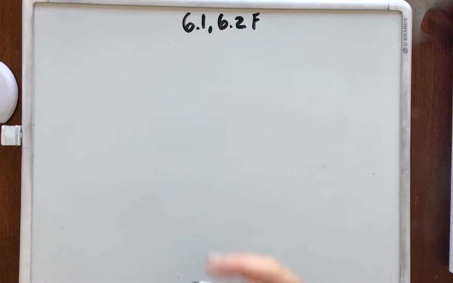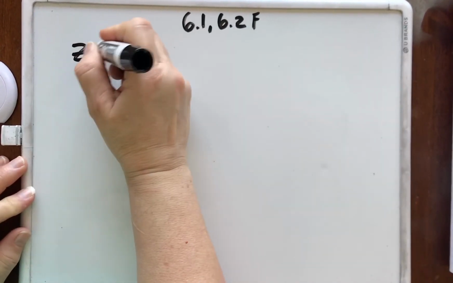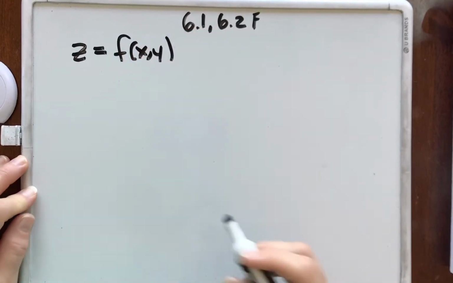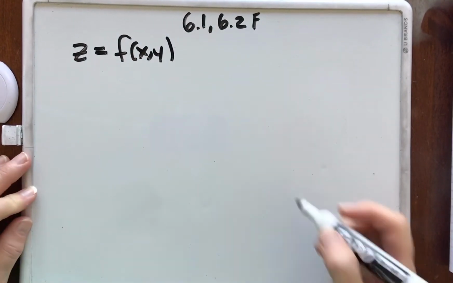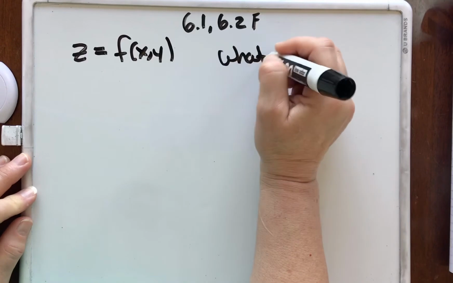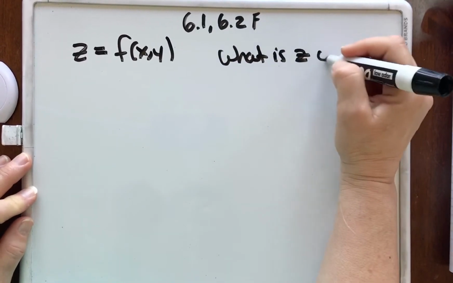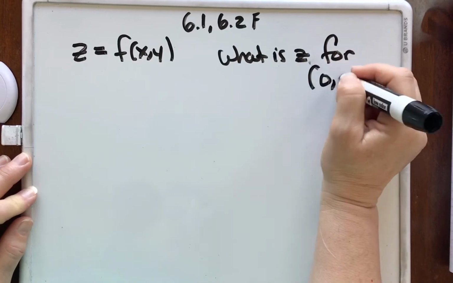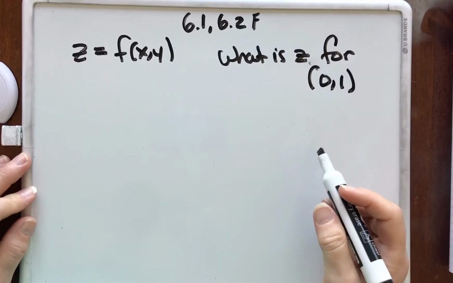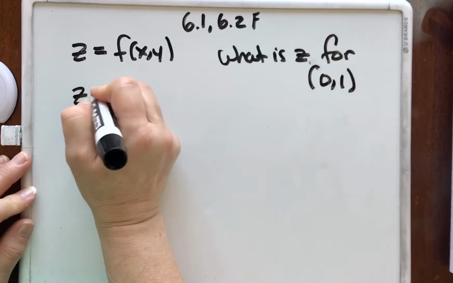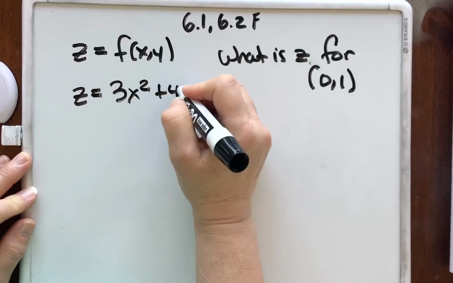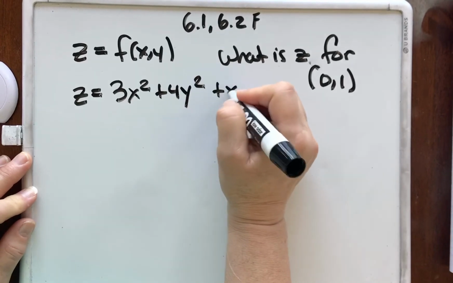Okay, what we just looked at, I just want to clarify. Z equals f of x, y. What is z for (0, 1)? Well, remember in our problem, we said z equals 3x squared plus 4y squared plus xy.